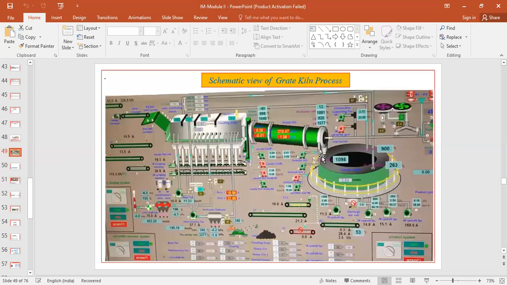So here you can see the annular cooling zone. You have zone 1, zone 2, and zone 3. In this particular picture, you can clearly see zone 3 here. That means the temperature is around 263 degrees centigrade.